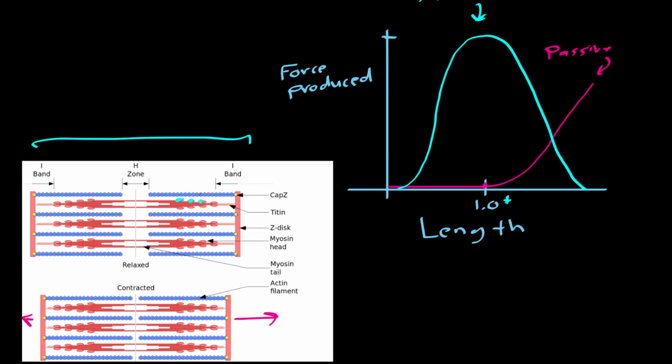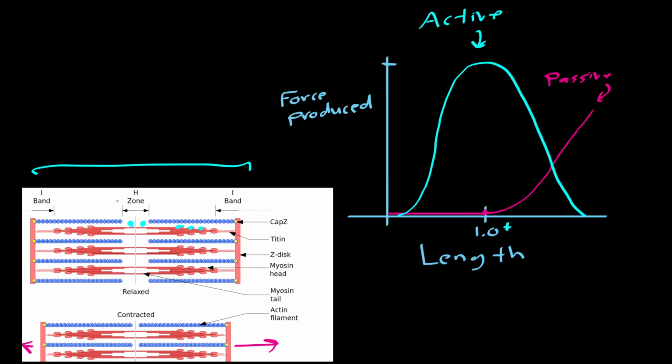Whereas if the muscle gets too stretched out, you get some myosin heads that are stuck out here with nothing to grab onto. And if the muscle is too short, then either the actin filaments overlap and block the ability of some of the myosin heads to grab onto actin, or the myosin heads actually bunch up at the end and kind of squish around.